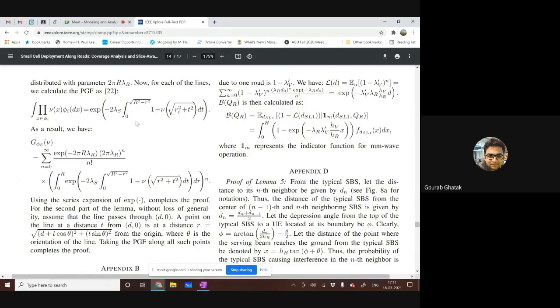Now, from the location where the perpendicular meets the line, if there is a point along the line at a distance of t, that point from the origin is at a distance of square root of ri square plus t square. Is it clear or shall I repeat?